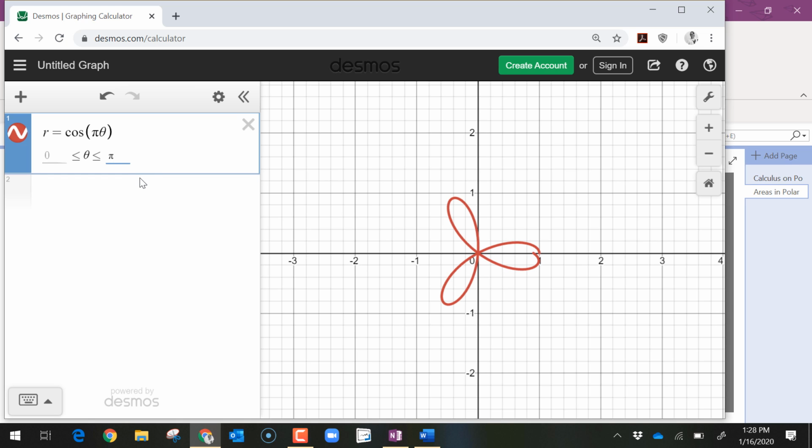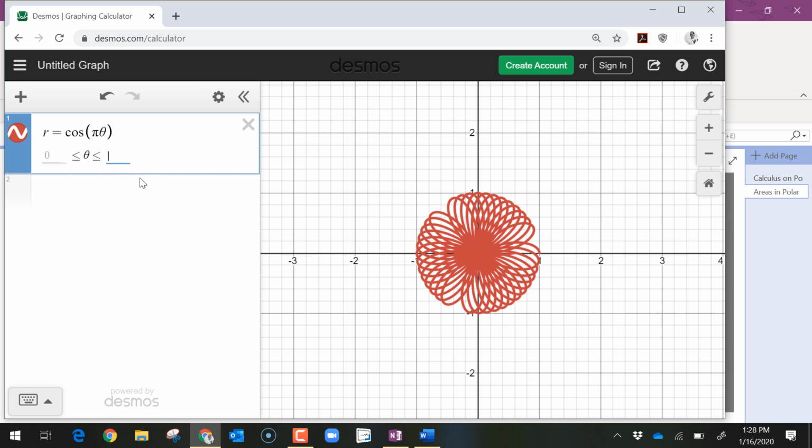So it looks like it almost wraps up this whole leaf, right? But then when it starts growing, pi, 2 pi, 3 pi, 4 pi, 5 pi, 6 pi, 7 pi.